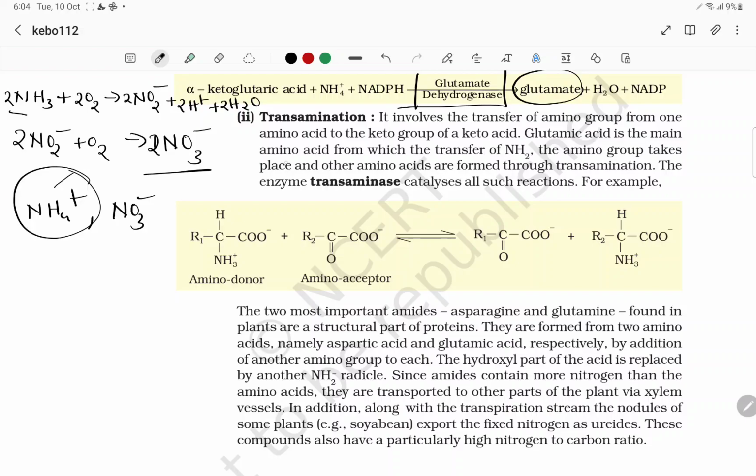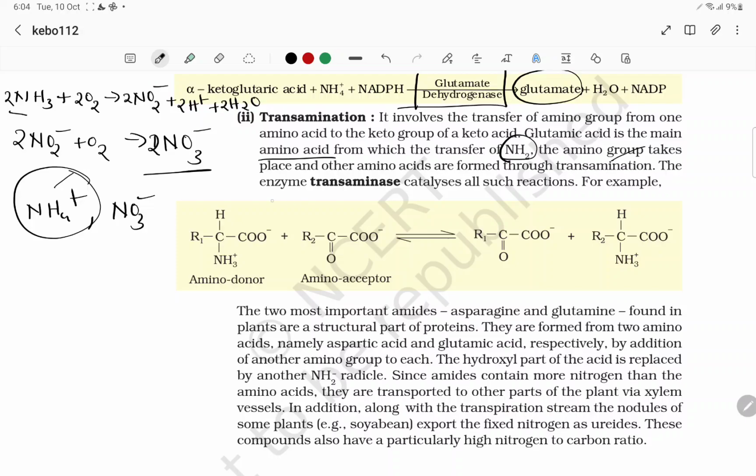Glutamic acid is the main amino acid from which NH2 is transferred. The amino group is transferred and another amino acid is formed through transamination. Means from one amino acid, the amine group is being transferred to another amino acid. Like that, the transamination.